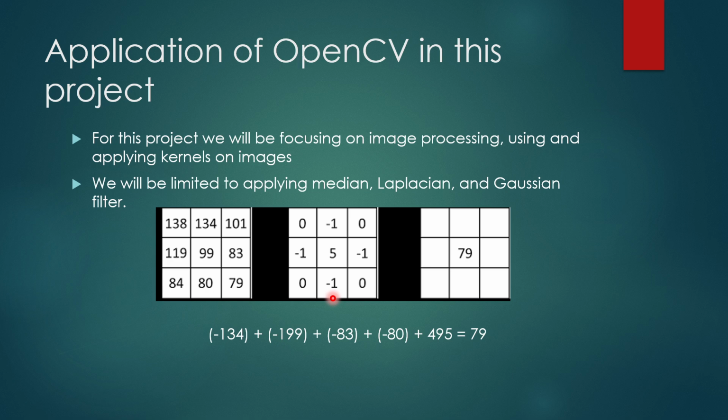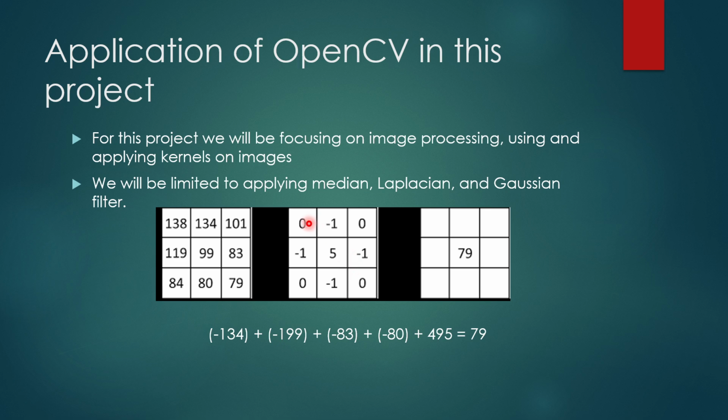Here is the kernel. A kernel is basically how we're altering the image, and this is the expected output. So basically, we take this image, a 3x3 small section of the image, and multiply it in a matrix term with this filter.